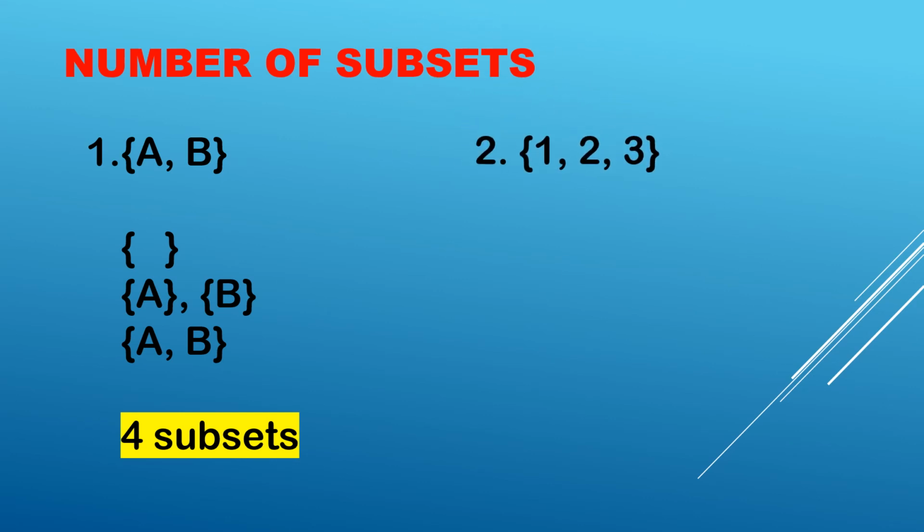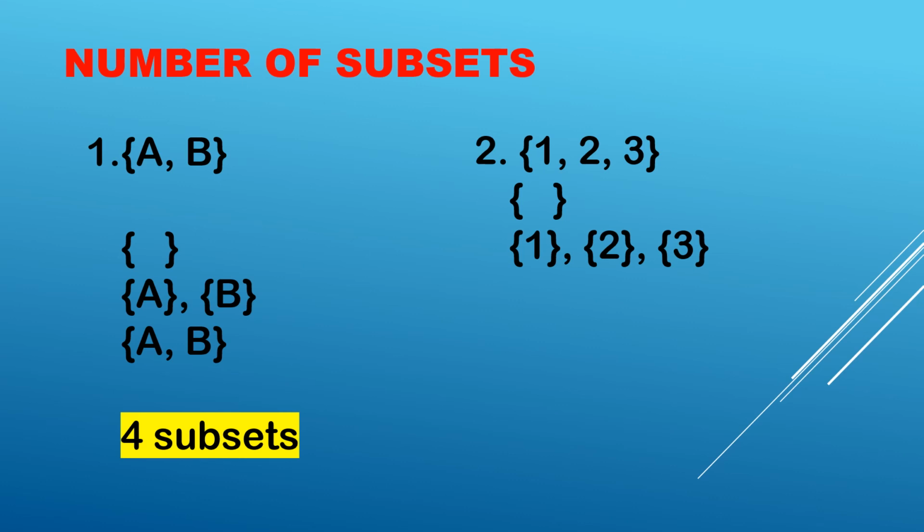Okay, we have here a set contains elements 1, 2, and 3. So let's write all the subsets of this given set. So let's start with empty set, okay, followed by one element, each element. So let's have here 1, 2, and 3.